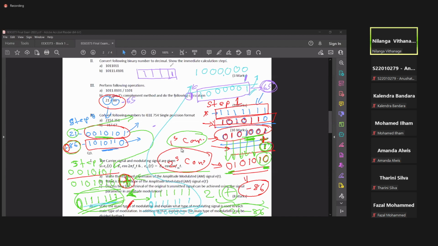So if you consider the computer, we have to build a method to represent minus values. We have discussed those things in first day school as well.